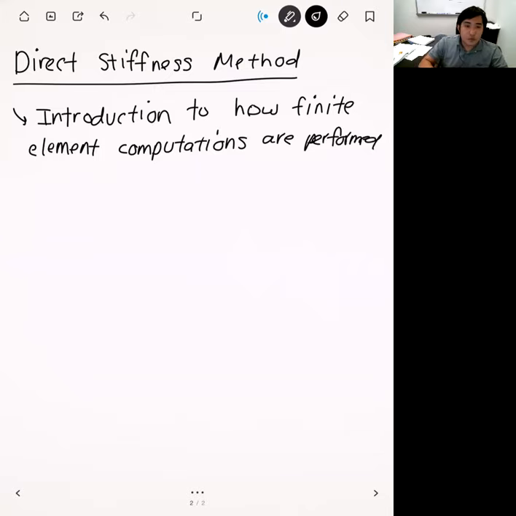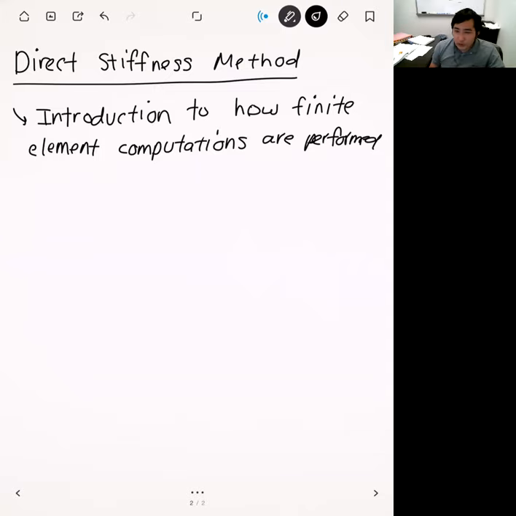One of the big ideas that I want you to take away from this set of lecture notes is the overall process of how you do a finite element computation by hand. I say by hand just because that's what I'm expecting you to do from this unit.